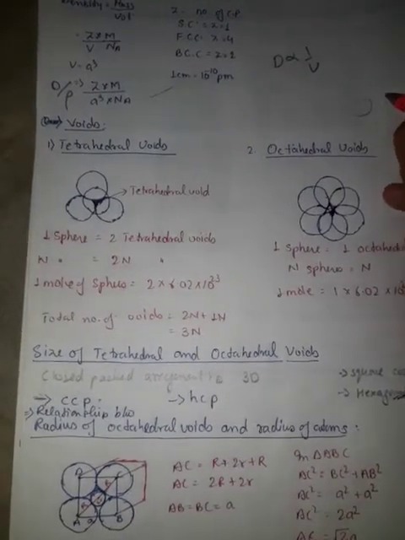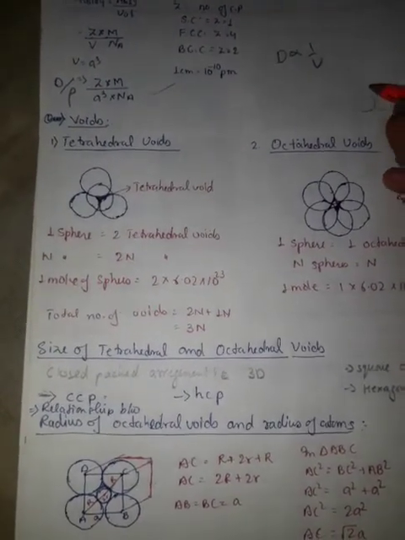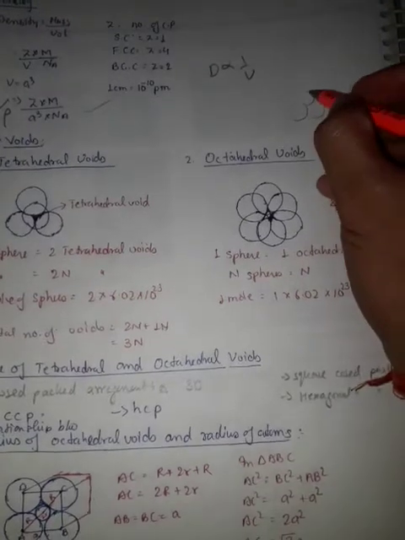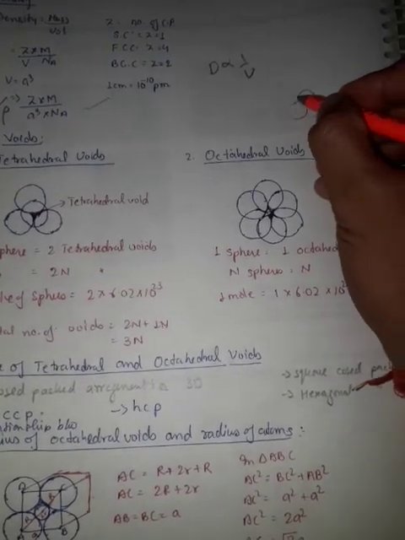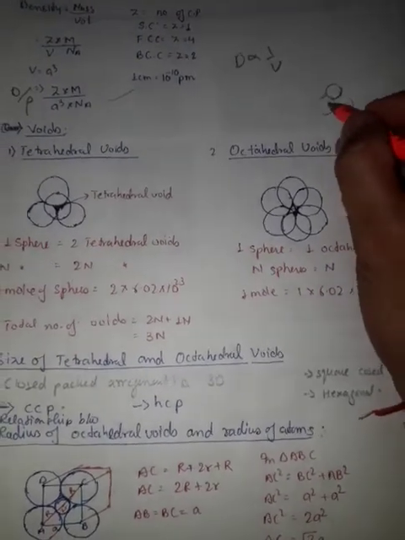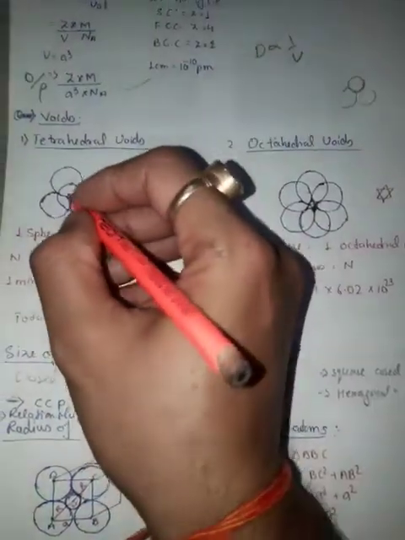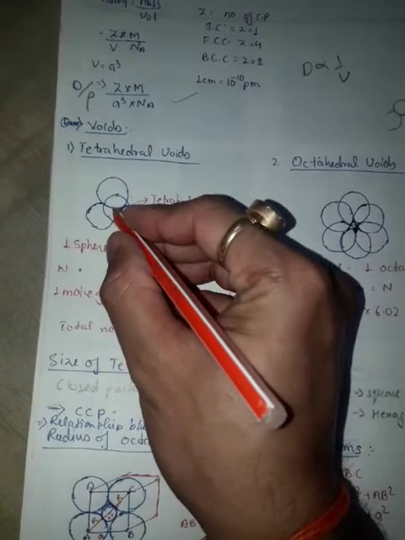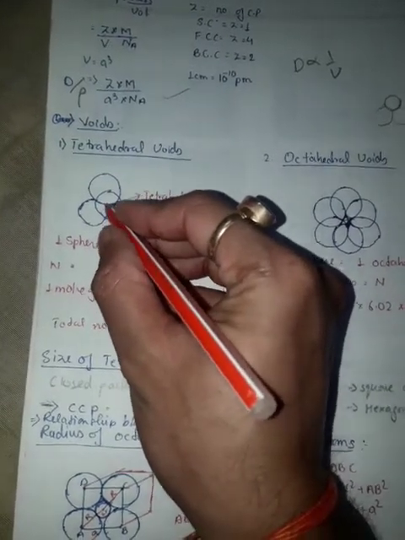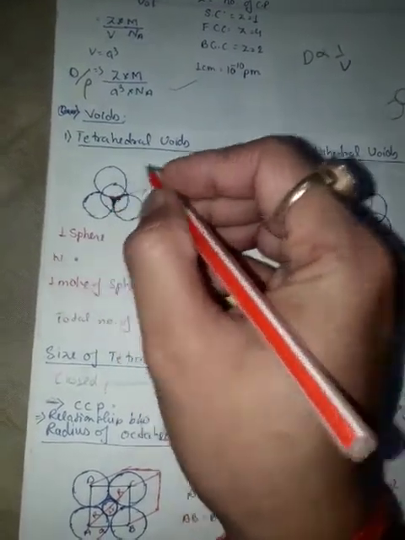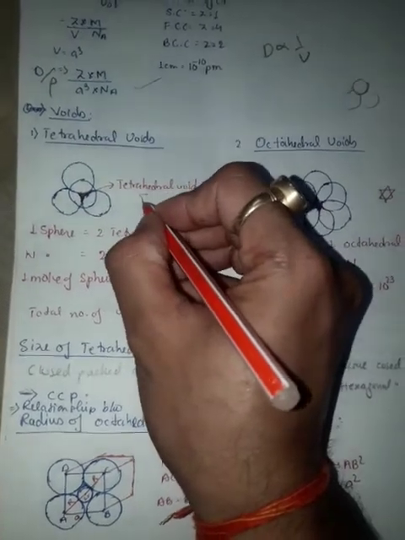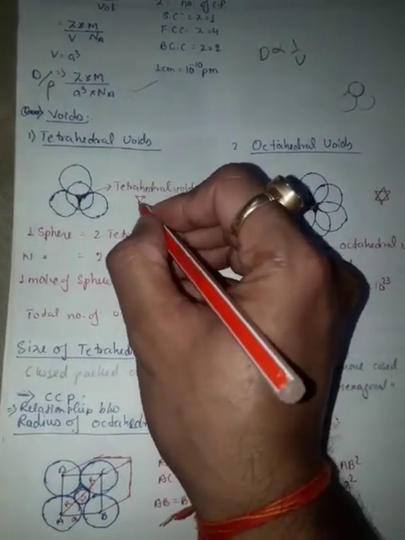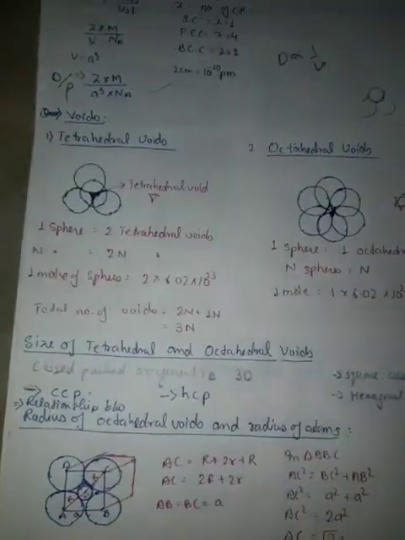If you want to see it in 3D, one atom is there, one is up, and one is down. So the space we get is this type of space, like a triangle. So this is called tetrahedral voids.